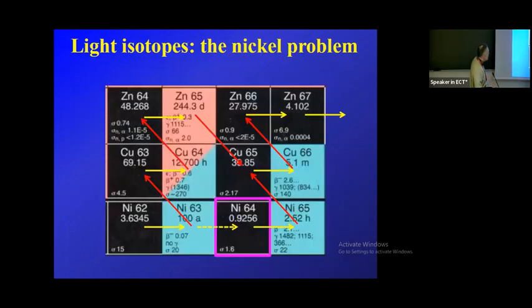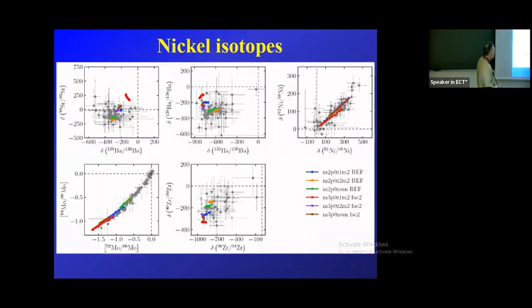Another interesting region is the one closer to nickel. In particular, I'm dealing with the neutron capture rate on nickel-64. Why? Because if we look at the theoretical isotopic ratios we have in our models, and compare them to isotopic ratios measured in presolar grains.